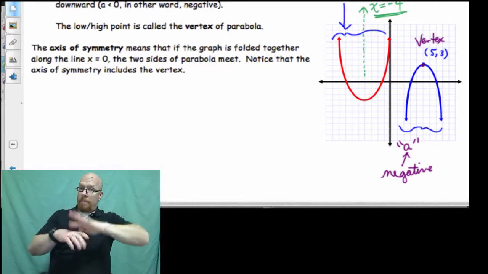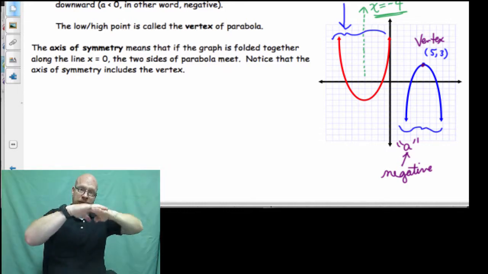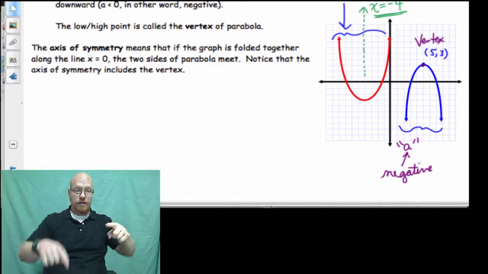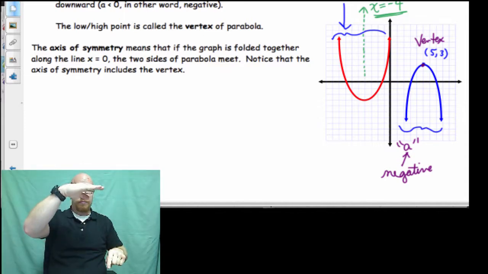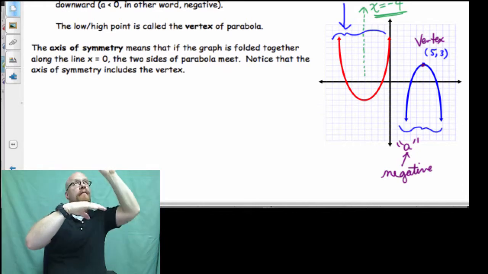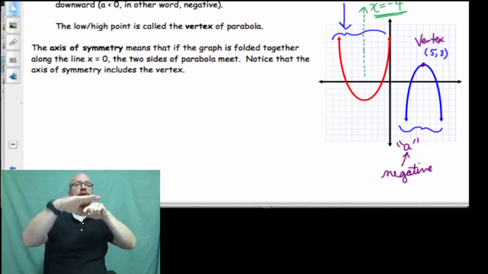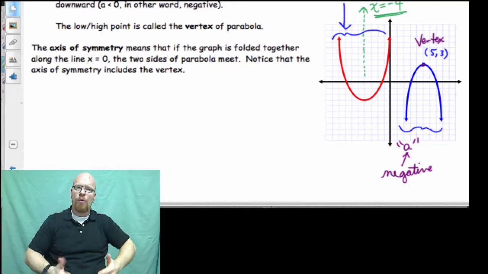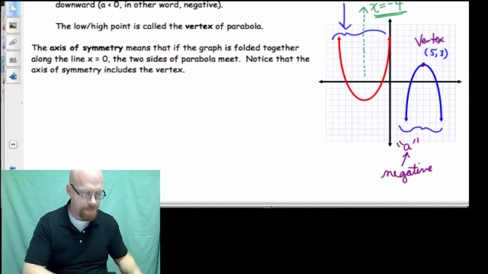Now, on the red graph, the red parabola, we had a minimum, and now we have a maximum. 5, 3 is the coordinates of the vertex. There are no answers above 3. All of the y values, the outputs, are below 3 and below.